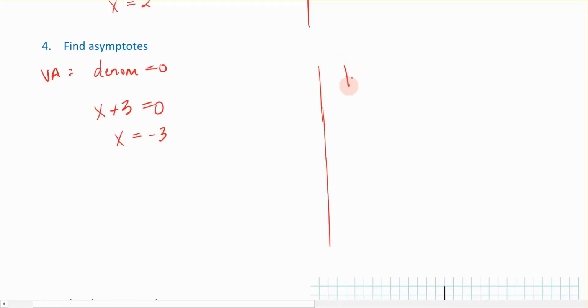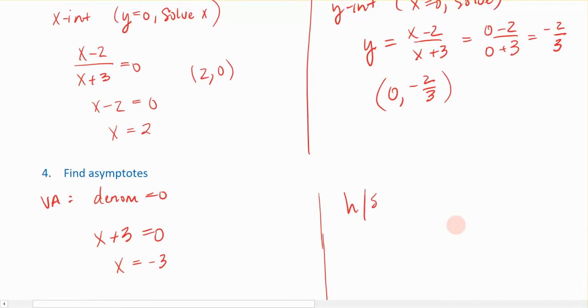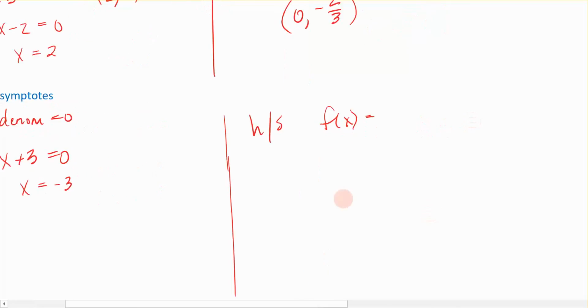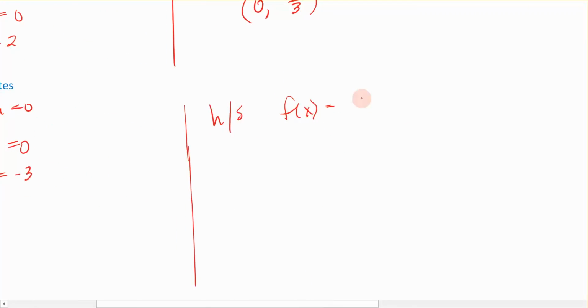Now we have either horizontal or slant asymptotes. That's where we evaluate the degree of the numerator versus the degree of the denominator. So let's just rewrite my function so we can see it on this screen. f of x is equal to x minus 2 over x plus 3.